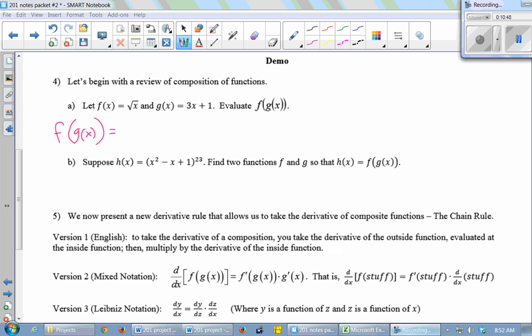You do it as the value of g of x, then substitute that value. The f function is typically f of x, and whatever's in parentheses means the input into f. So now I'm inputting g of x into f. I could write this as the square root of g of x, and then replace g of x with its formula. So this is the square root of 3x plus 1.